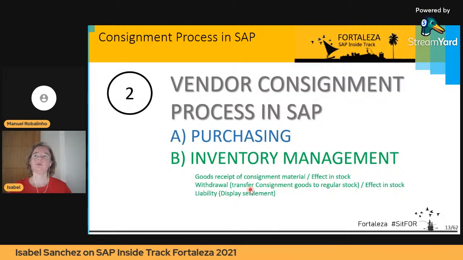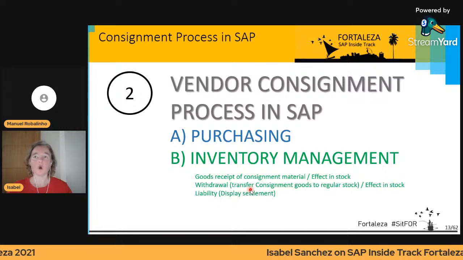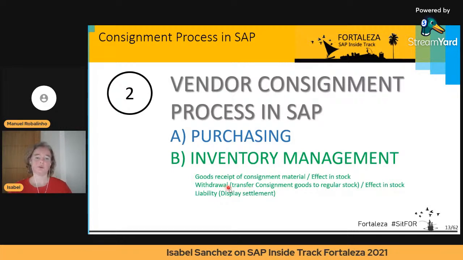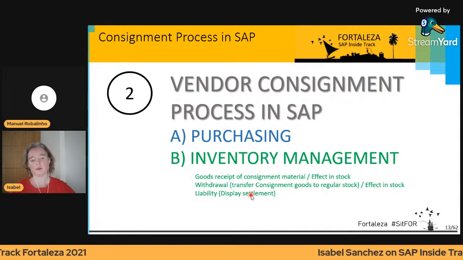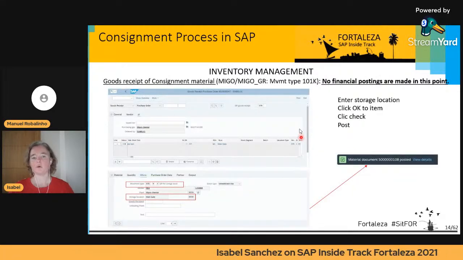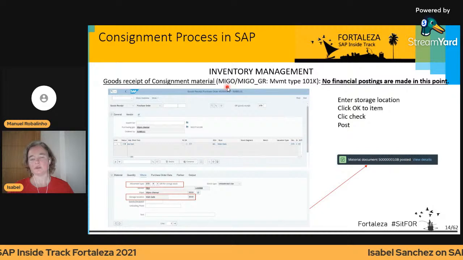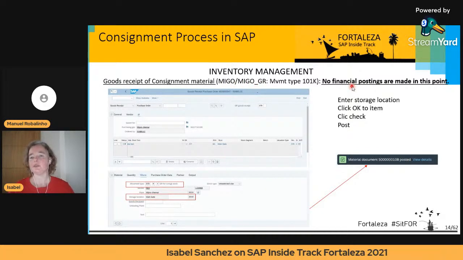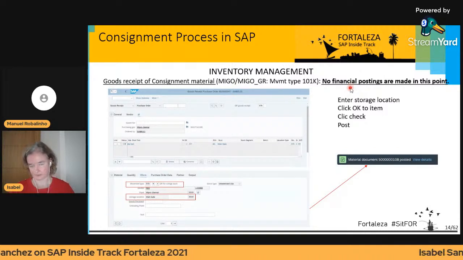Withdrawal means a change from consignment warehouse to own warehouse. And the last step is liability, which is display settlement. I will start with the goods receipt of consignment material, which uses transaction MIGO. In this part, it is important that no financial postings are made.